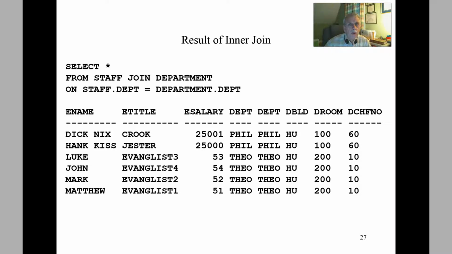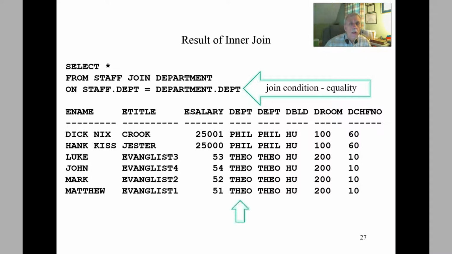When we form the inner join, as we've done here, what happens is we express a join condition, in this case equality, it's an equijoin, and what we get is rows with a value in the department column of the employee or staff table that have the same value as the column found in the department table's department column.